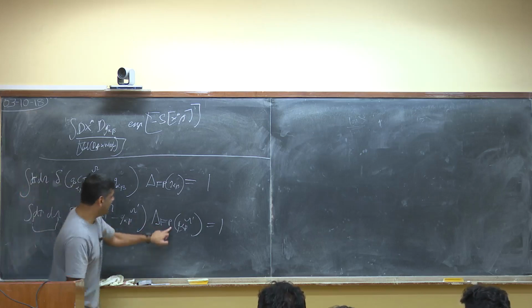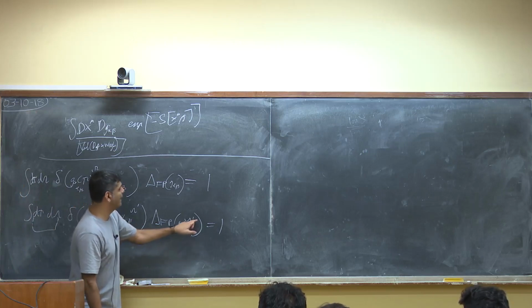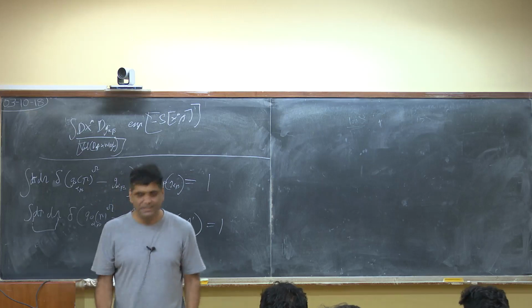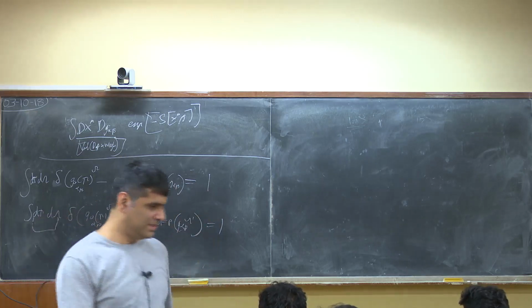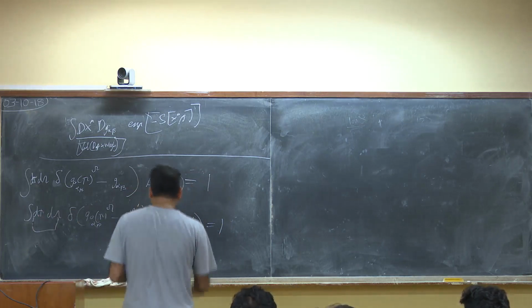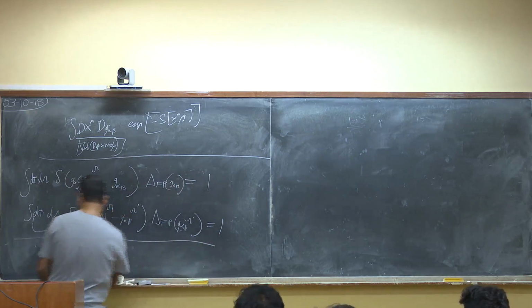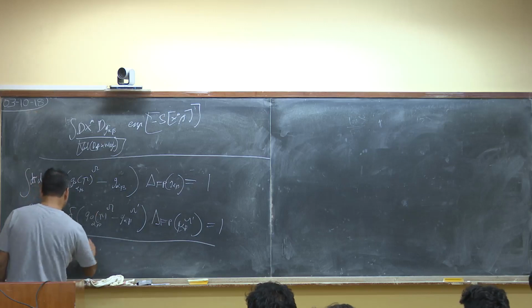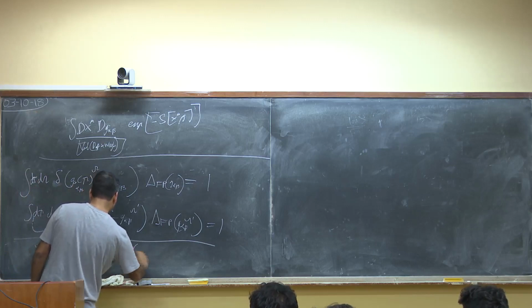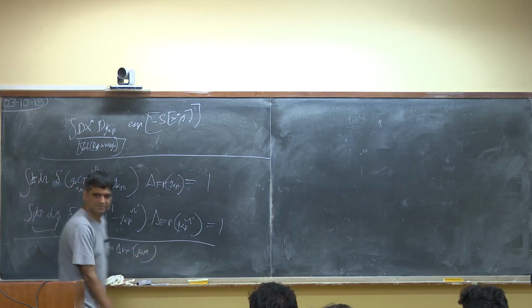So delta fp of g alpha beta omega prime obeys the same equation as delta fp of g alpha beta. This equation completely determines delta fp. And therefore, we conclude that delta fp of g alpha beta omega prime is equal to delta fp of g alpha beta. Is this clear?